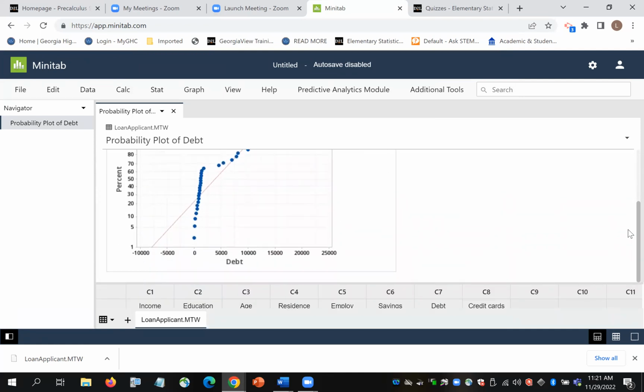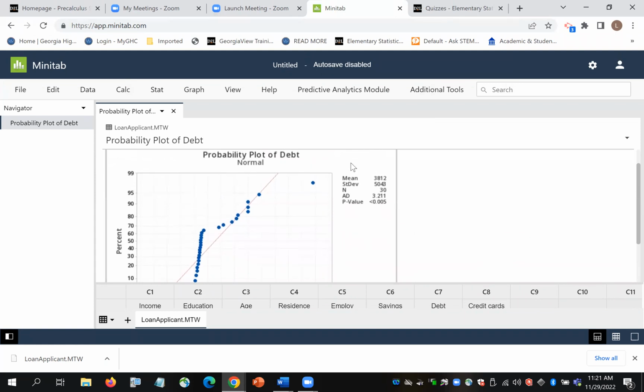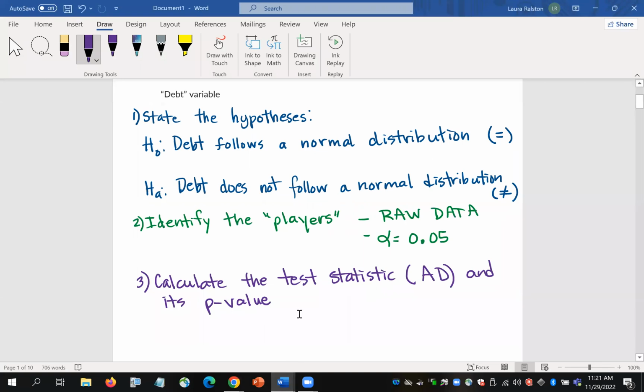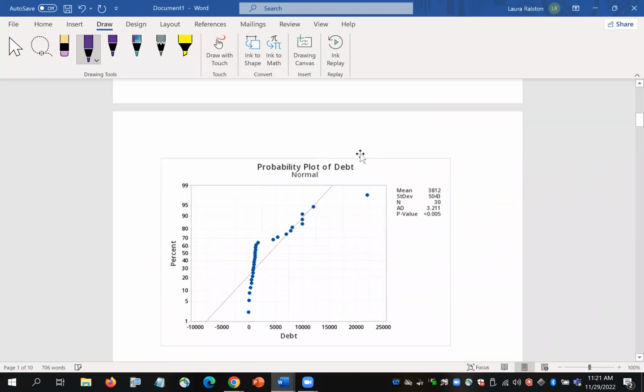And remember that we get this plot, and I'm going to copy it over to our paper. Okay, so we get this plot, and the pieces that we need, the Anderson-Darling test statistic and the p-value, are located in the margin on the right-hand side of that probability plot.